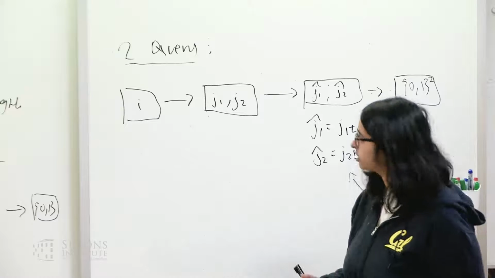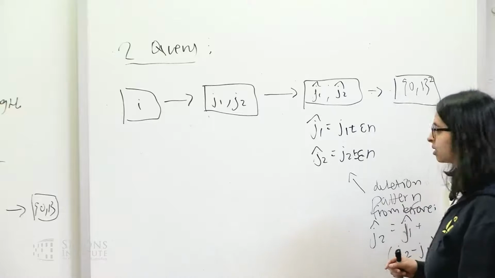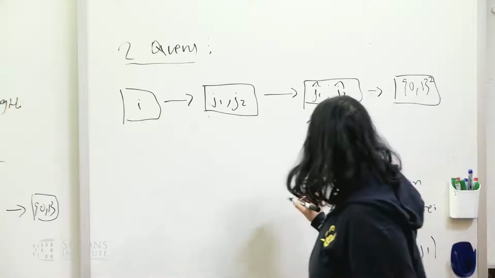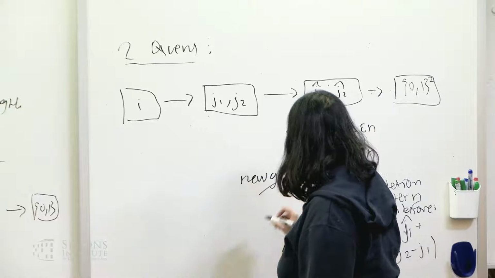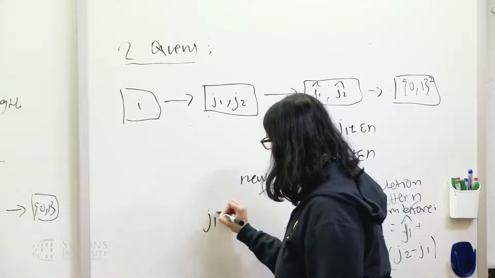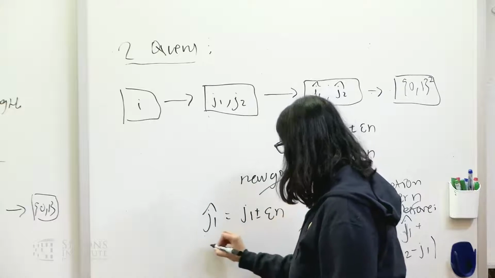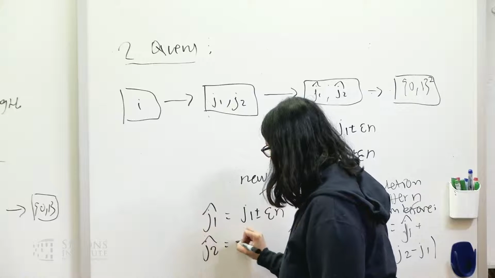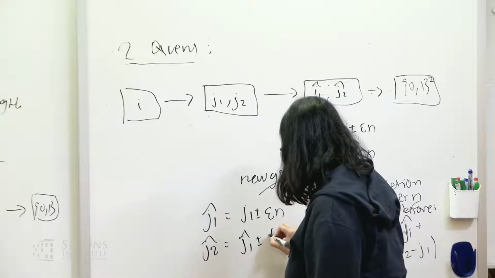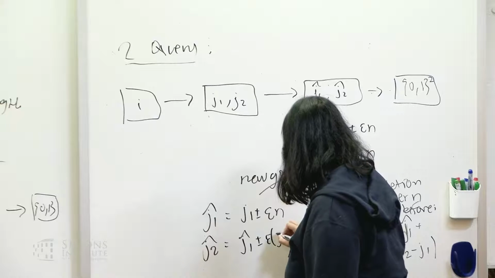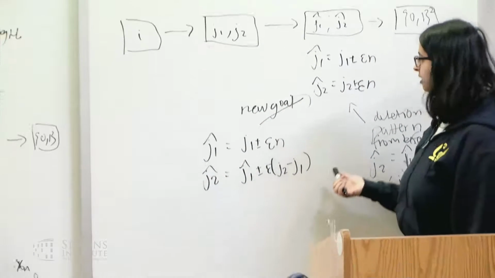So maybe the next goal we might hope for is the thing we can actually get: a distribution.